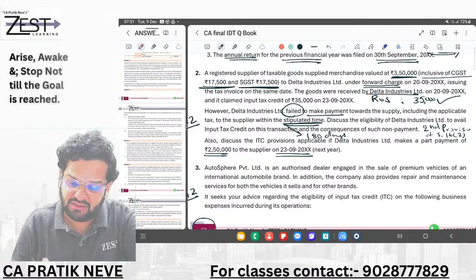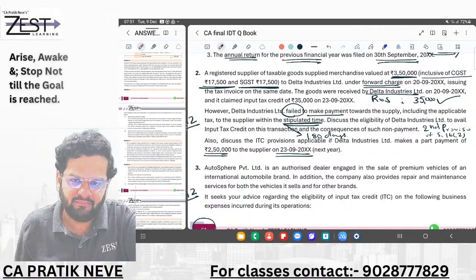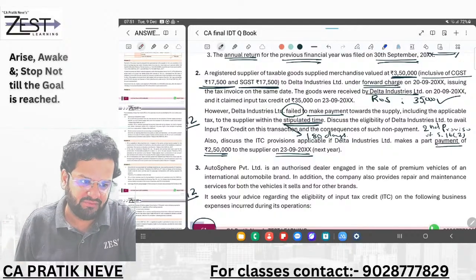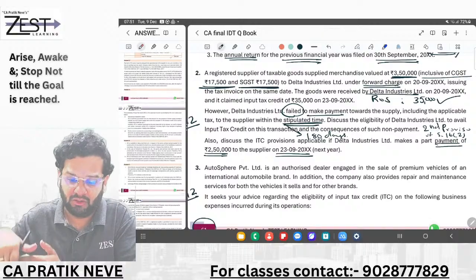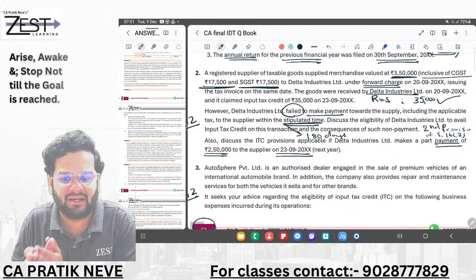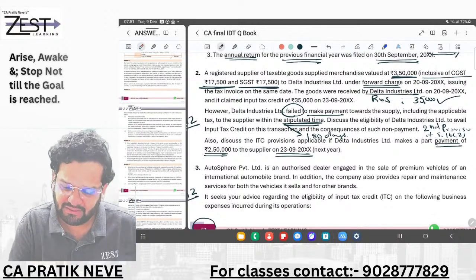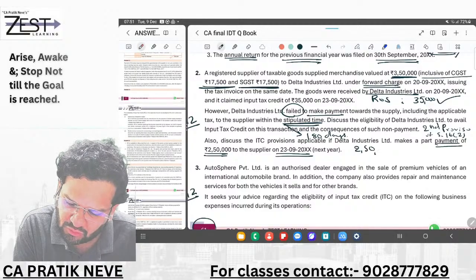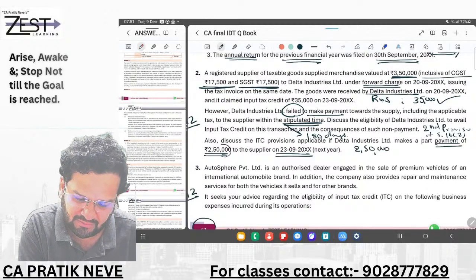Second consequence, if subsequently payment is made by Delta Industries, that is the recipient of supply, to the supplier, then it can again avail ITC. Let's see. But the point is, only 2,50,000 payment is done.